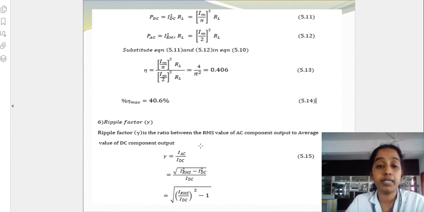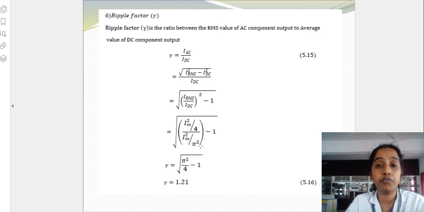So the ripple factor is given by root of I RMS square minus I DC square, divided by I DC. Substituting all the known values, I get my ripple factor as 1.21.